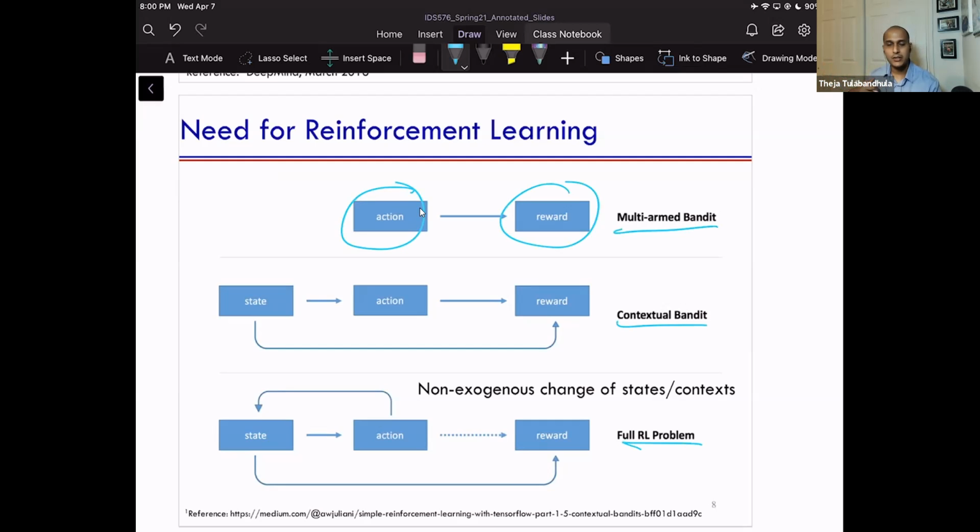But you don't know which action is the best one, so you want to figure out what to do at a given point in time so that you can collect more and more rewards. In multi-armed bandit, we just saw, try action 1, try action 2, and maybe be greedy, or sometimes explore. We saw several algorithms there.